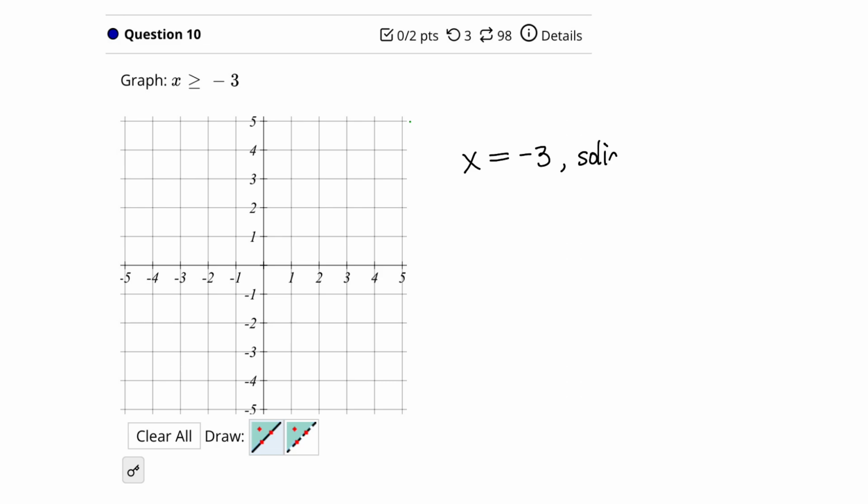Because it has an equal to in our original inequality. So x equals -3 is over here, okay? No matter what y is, x has to equal -3. Okay, so we're going to go to -3 and stay there.